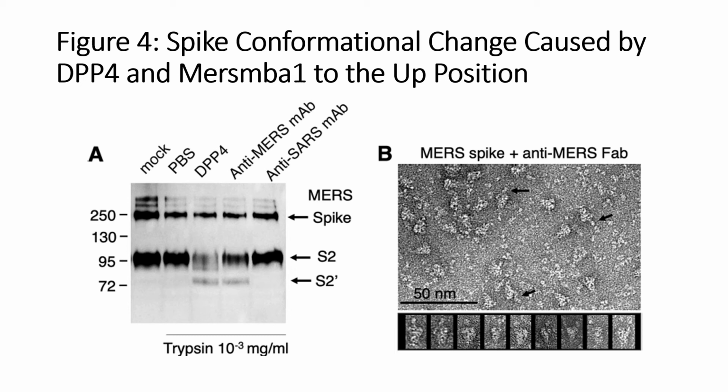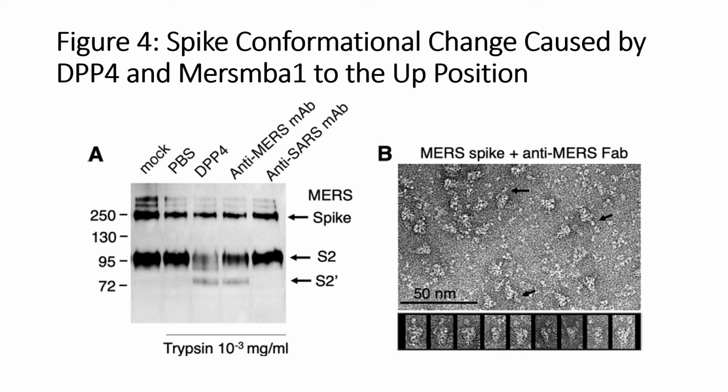And it's pretty much only the DPP4 that allows that, but as we see, they also showed that the MERS antibody binding also allowed for that to be cleaved. So it's only DPP4 and anti-MERS antibody that allow for that conformational change of the spike to get cleaved and allow for that maturation to occur.